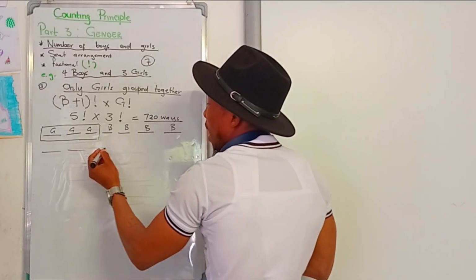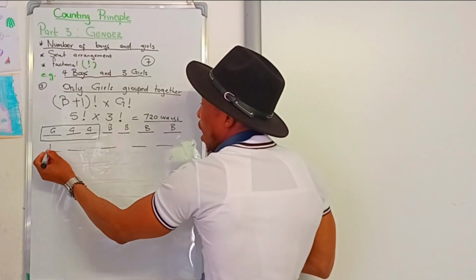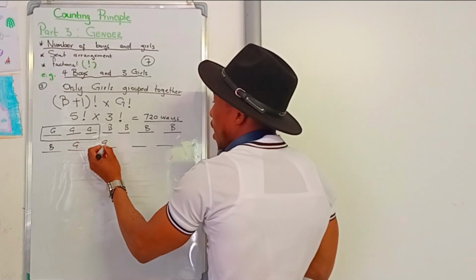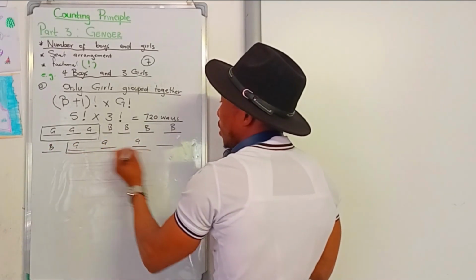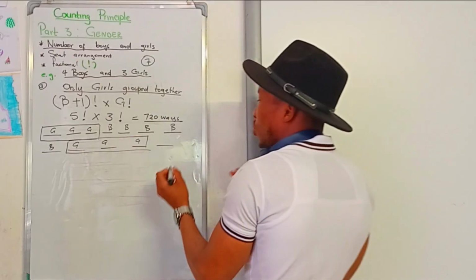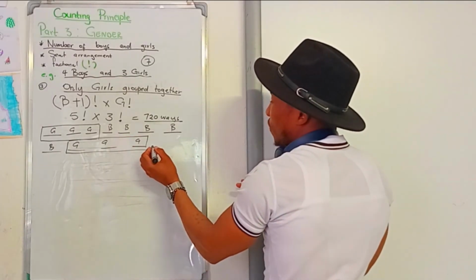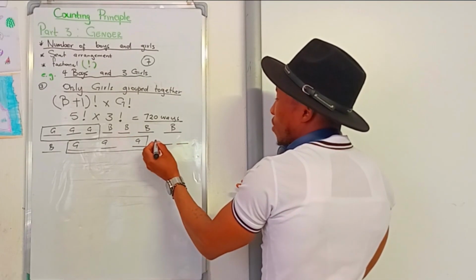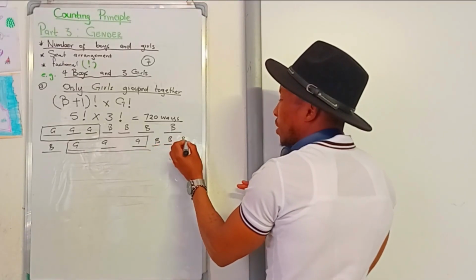Or you can start with a boy, and a girl and a girl and a girl and a girl. You see, these are grouped together. Then here we have 1, 2, 3, then you have a boy and a boy and a boy.